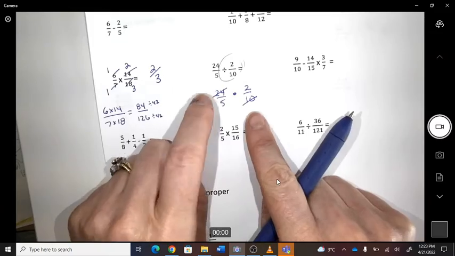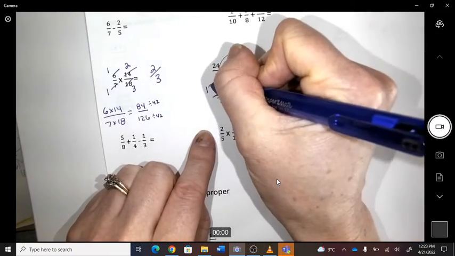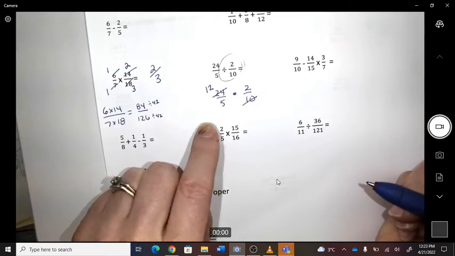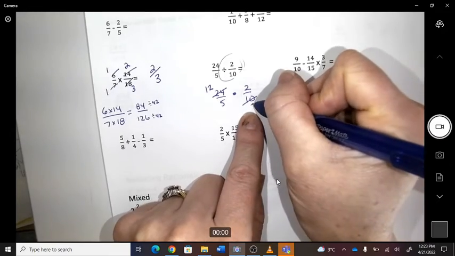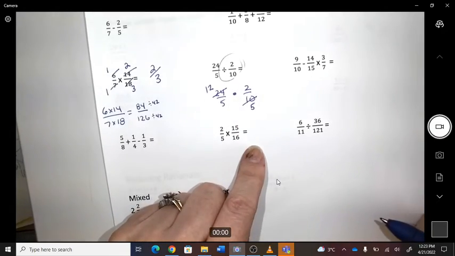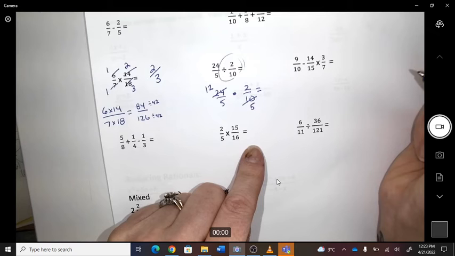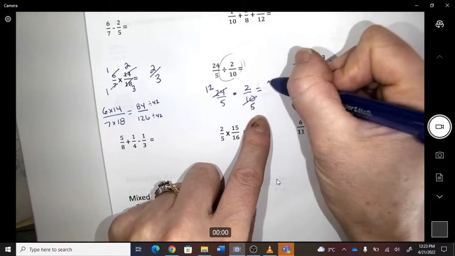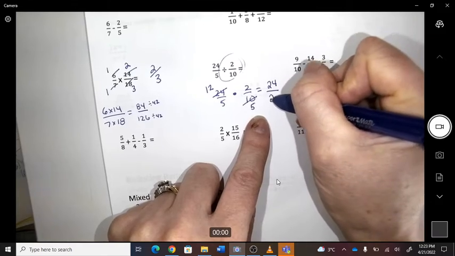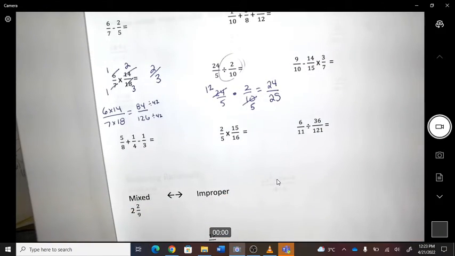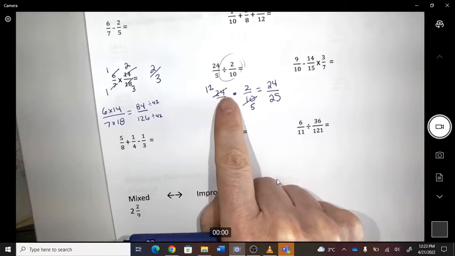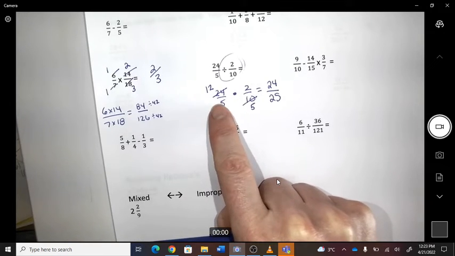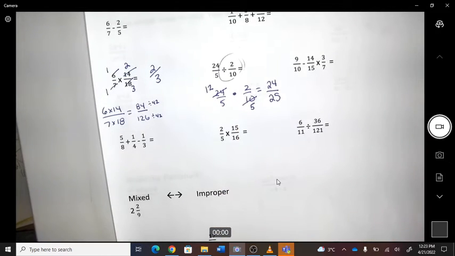Okay, so if I divide by 2, this would turn into a 12. 10 divided by 2 would turn into a 5. And now the top is 24 and the bottom is 25 because I'm just doing 12 times 2, 5 times 5.